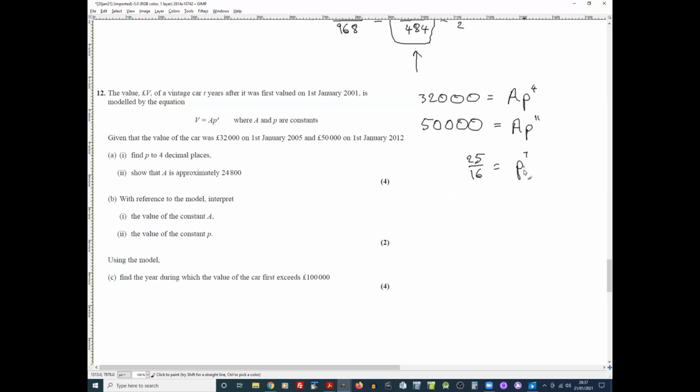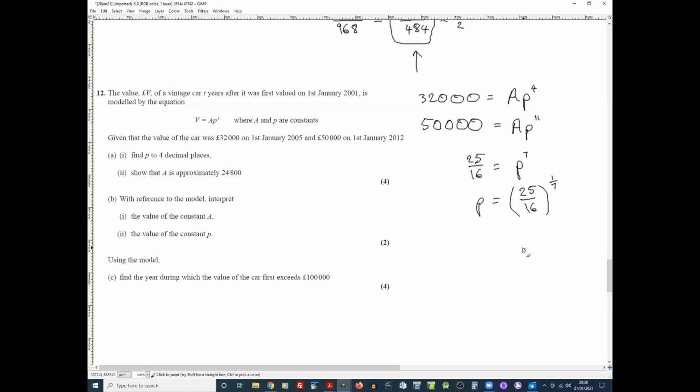And then P will be the 7th root of 25 over 16. You could write it as 25 over 16 to the power of one seventh.